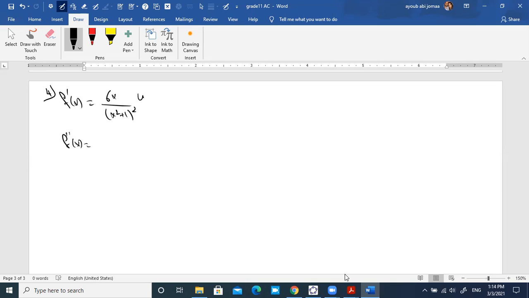Again, u over v, u prime is 6. And v prime: you have x squared plus 1 squared. To find the derivative, the 2 goes down, so 2 times (x squared plus 1) to the power 2 minus 1, which is 1. Then you multiply by the derivative of the inside, so times 2x.